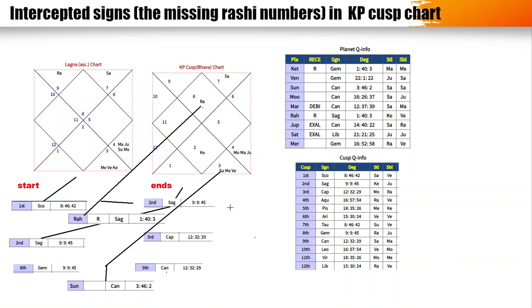The flat answer from Professor Krishnamurti is no. Everything that you have to know about the ascendant, you have to focus on just the starting point. That's it. You are not concerned with the end point when it comes to predictive interpretation. So if you want to interpret, let's say, the character sketch of this person, we are not going to mix up by saying that Scorpio and Sagittarius both are going to influence the character sketch of this person.